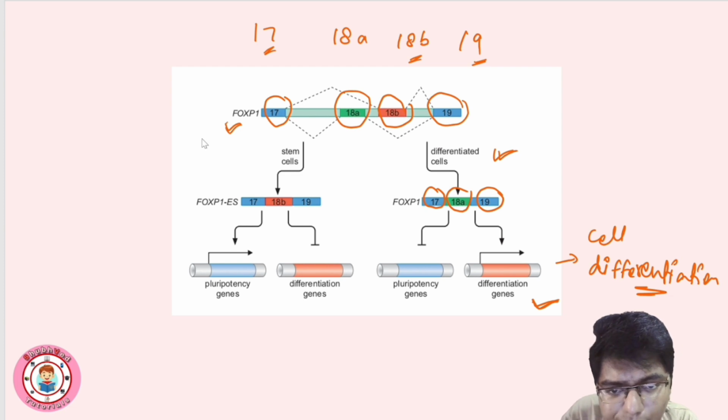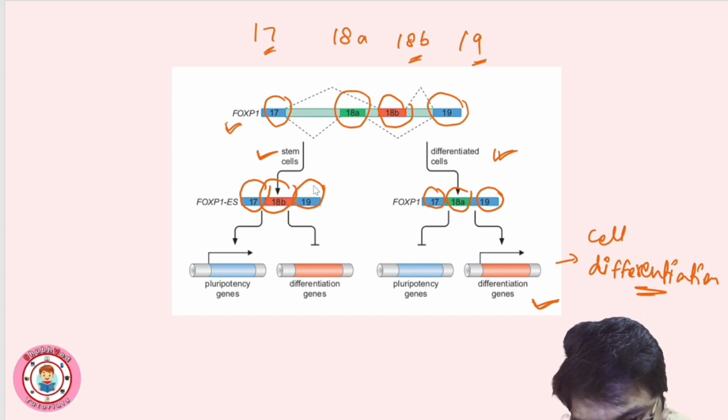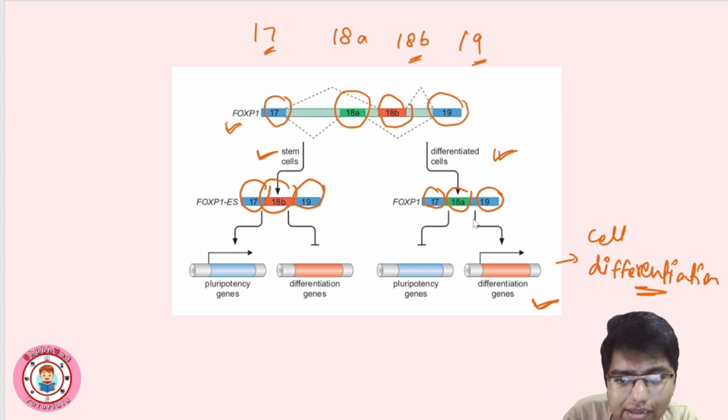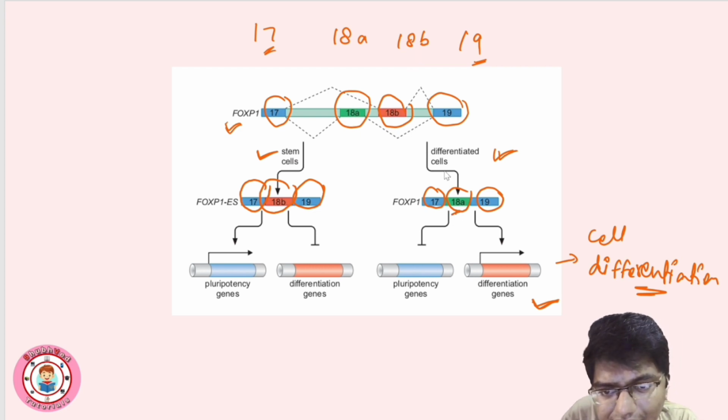Pluripotency, but in the stem cell, which genes are activated? 17, 18B and 19. Sorry, my mistake. Here it is 18A. In the differentiation case, 18A is there, not 18B. Okay, 18A. And in stem cells, there is a 17.